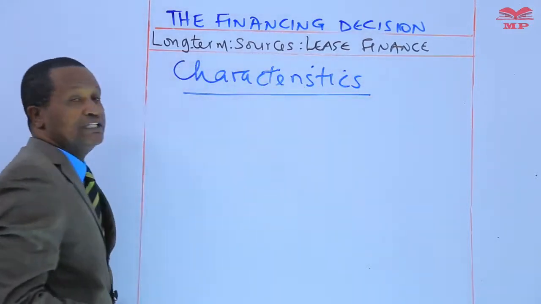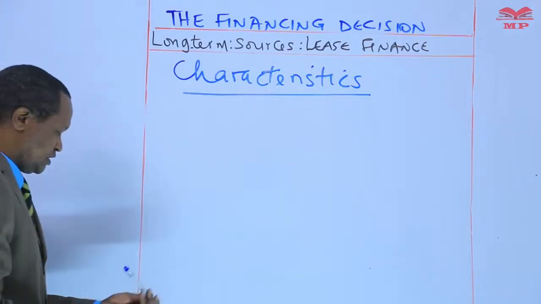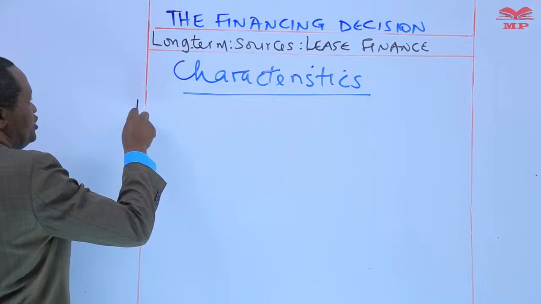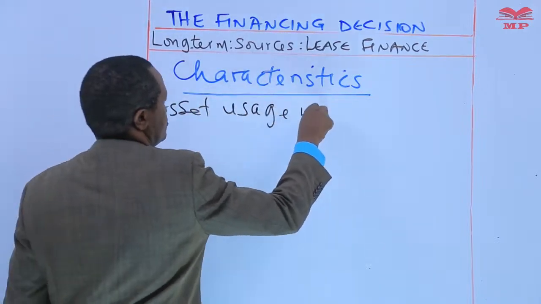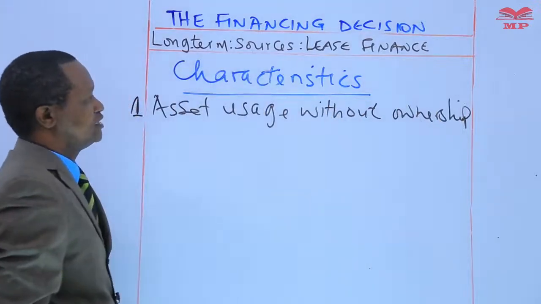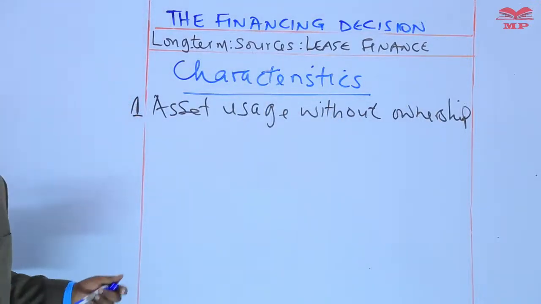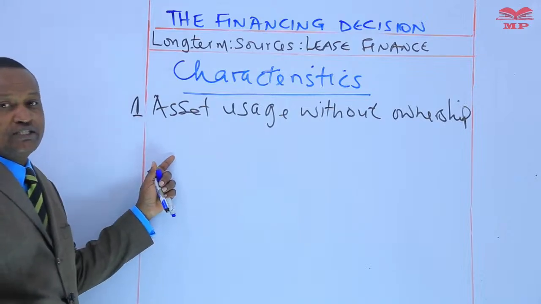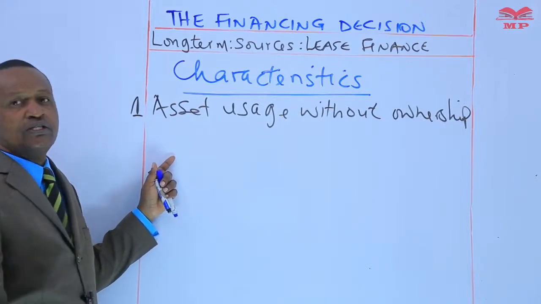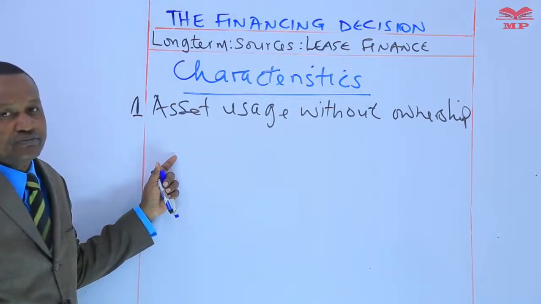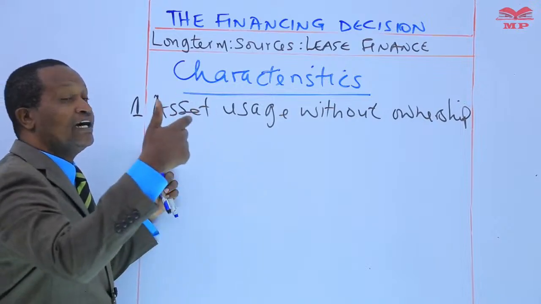Characteristics of lease finance. One is asset usage without ownership. Lease finance allows businesses to use assets such as equipment, real estate, motor vehicles without owning them. And the lessor retains the ownership.